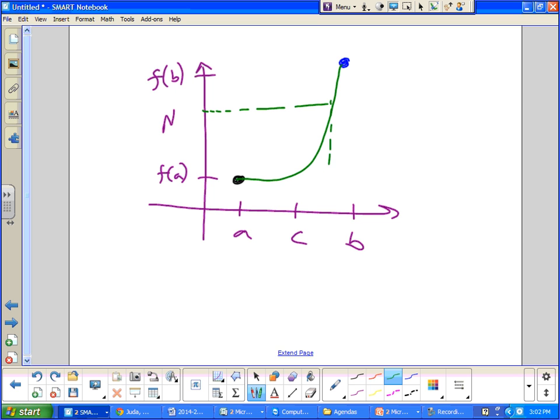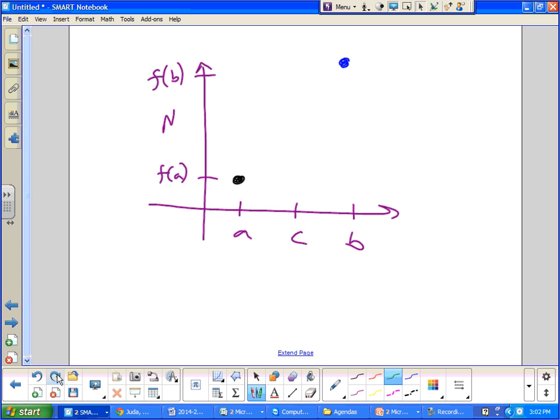I might have to move C over here, or I could do this, and then it's right there. Okay, there's C and N. Now, does it have to hit N?